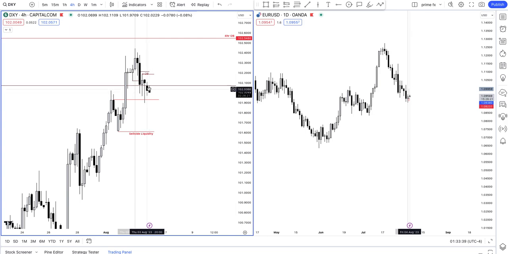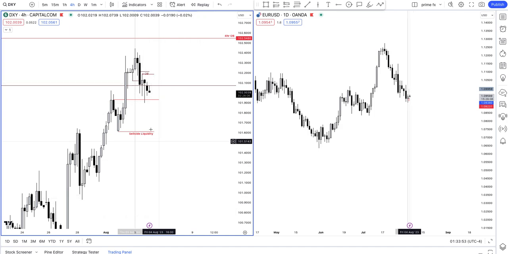So actually right now what I'm waiting for is I want to see what price is going to do. If we see price return to this area, I'm going to find a way to enter a trade going downwards.